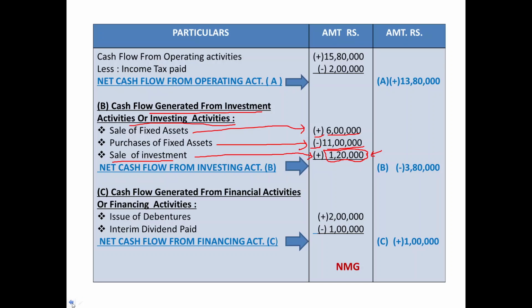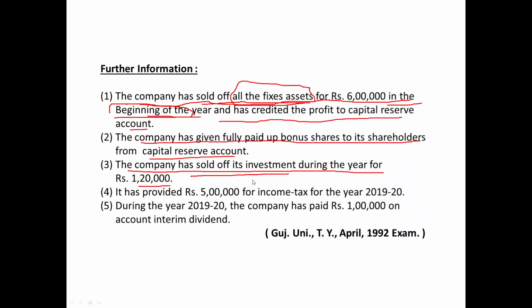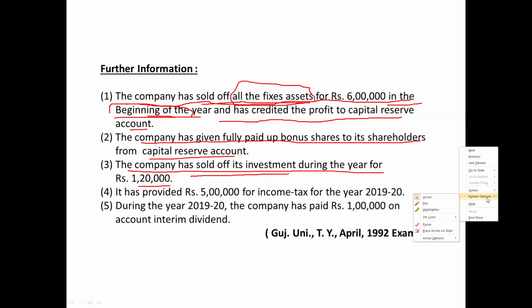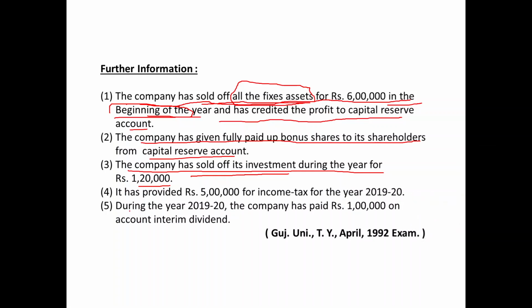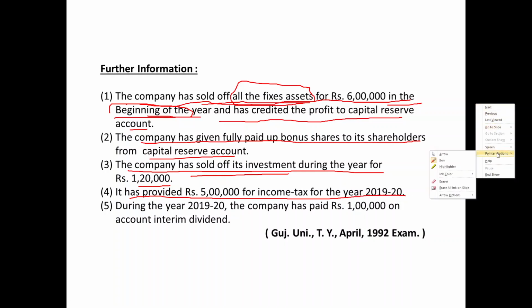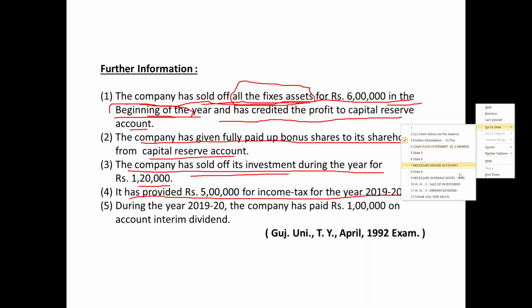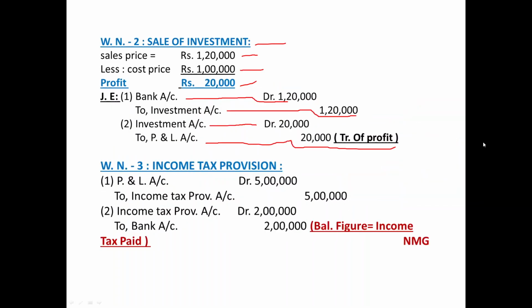After this transaction, let us verify additional information. Point number 4. It is provided rupees 5 lakh for income tax for the year 1920. Nothing is new. Number of times we verified this type of transaction, but even though, let us see the working note.